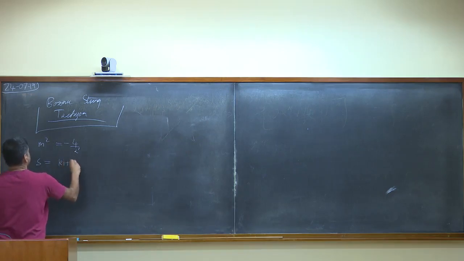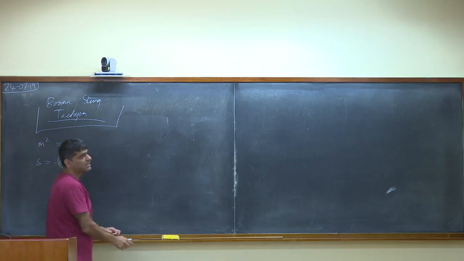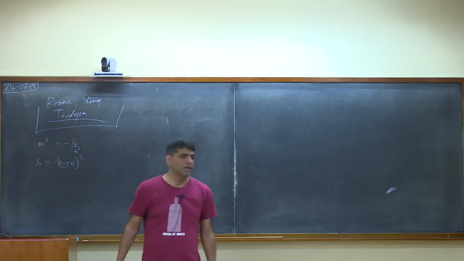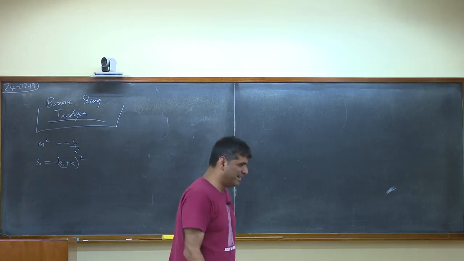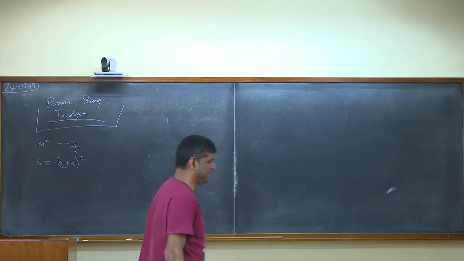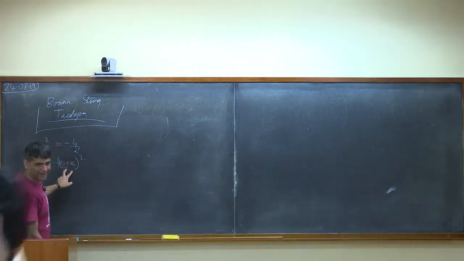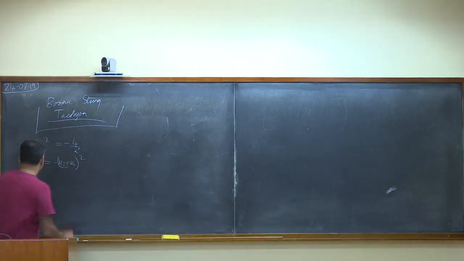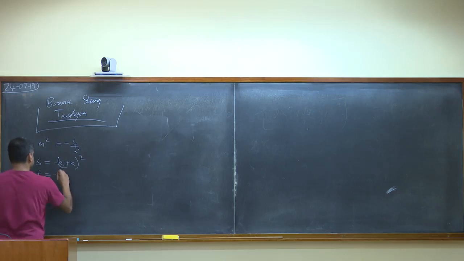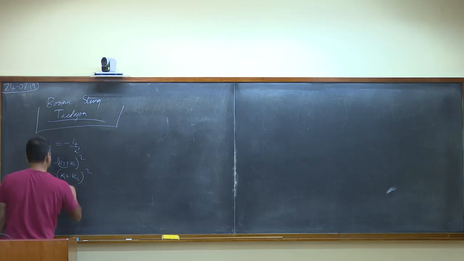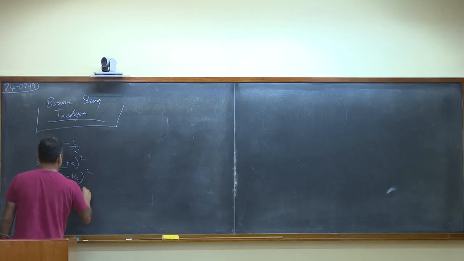S is equal to minus (K1 plus K2) squared, and we put a minus sign because in our conventions the metric is minus plus plus plus, so this thing would be negative for a timelike momentum. T is equal to minus (K1 plus K3) squared, and U is equal to minus (K1 plus K4) squared.